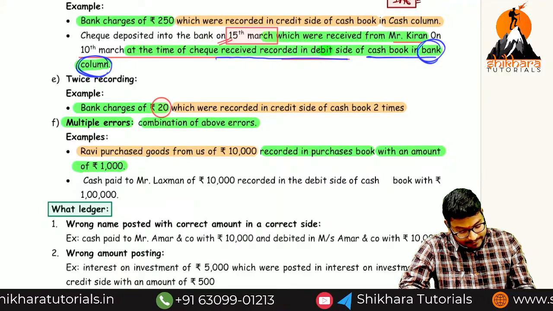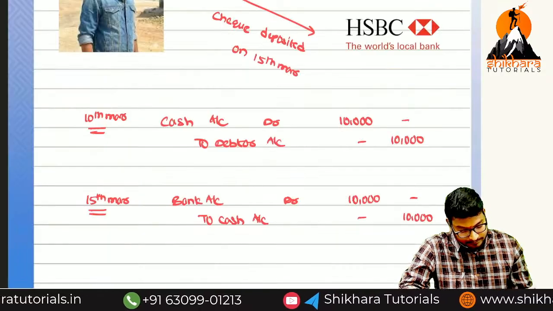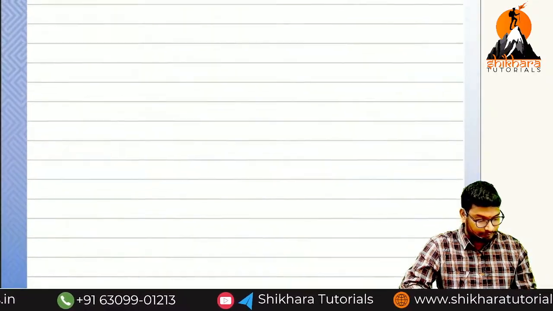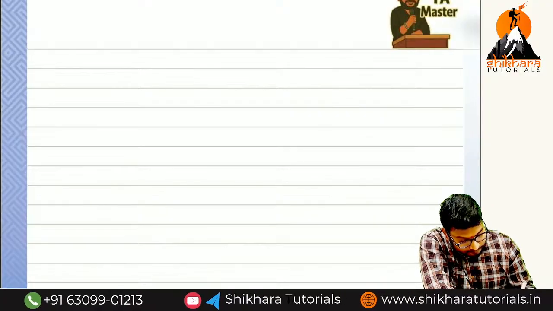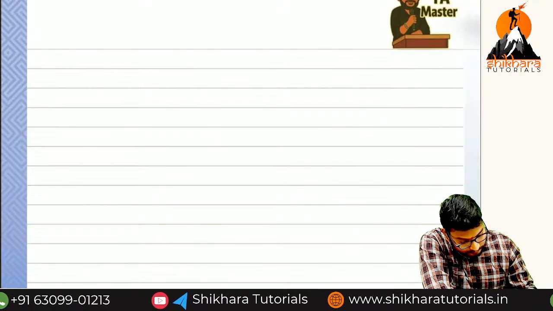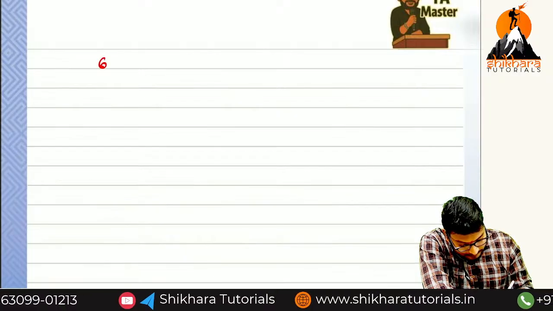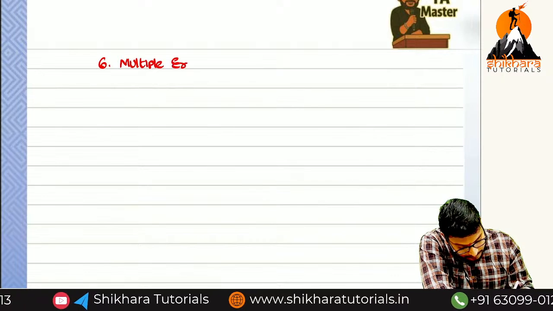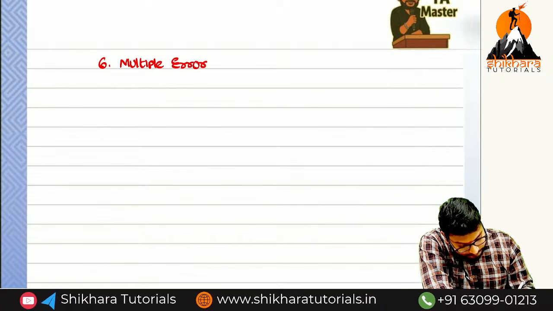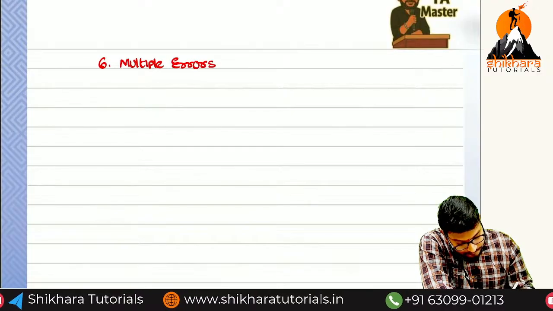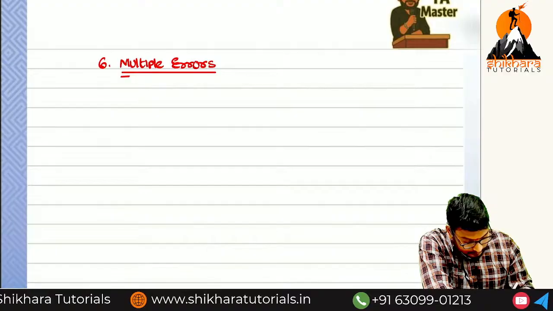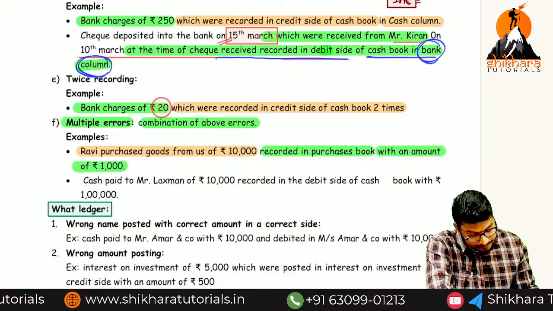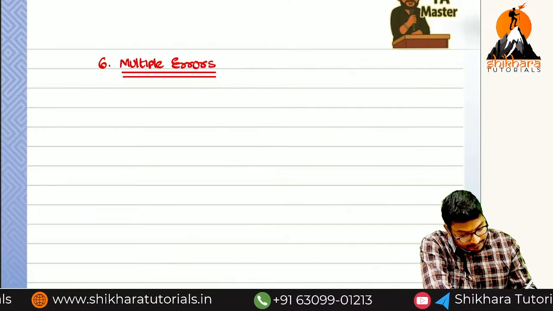Heading: multiple errors. So this is the 6th one. What is the example, ma? Ravi purchased goods from us of rupees how much, ma? 10,000.